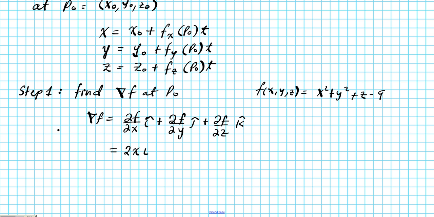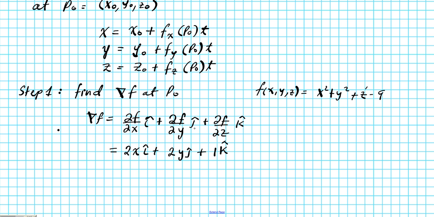So 2x in the i direction, plus the same story with the y: we'll have 2y in the j direction. And if I apply the same process to z, z is just to the first power, so I apply the power rule there, and we're just going to have 1 in the k direction. The derivative of -9 is 0. All right, so this is the gradient at any point.